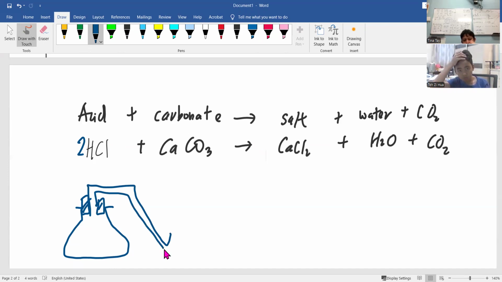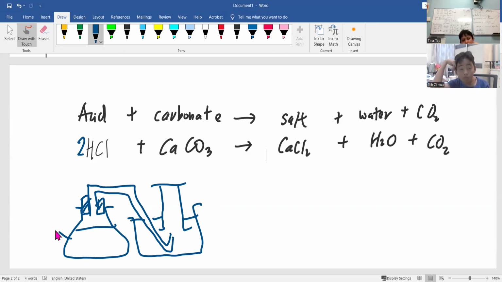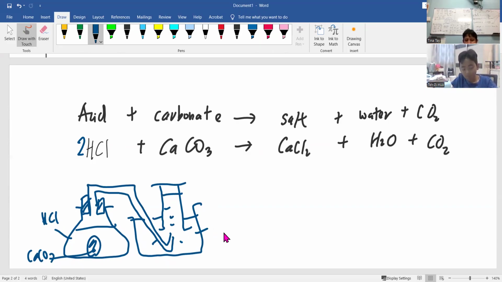Have you seen this before? So, acid, calcium carbonate. Here's water. This is a measuring cylinder that is inverted.